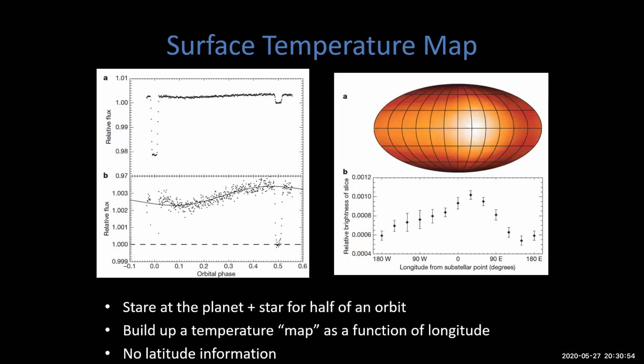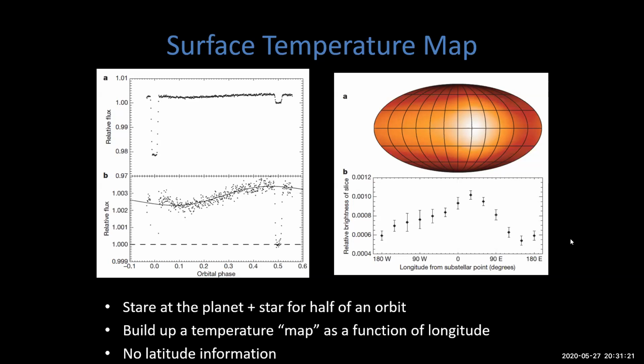Here's another model, same idea though. On the left are the observations of the detection of the planet, and on the right is their model of the planet based on the detection. In this case, one of the problems is that they don't get any latitude information.